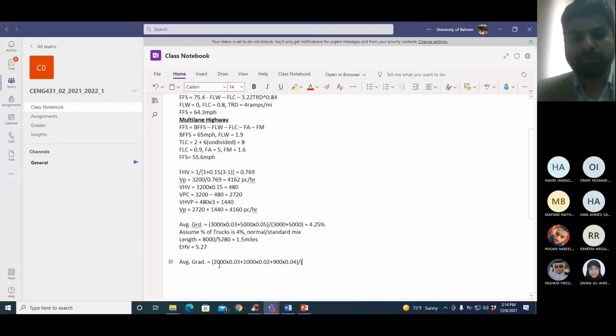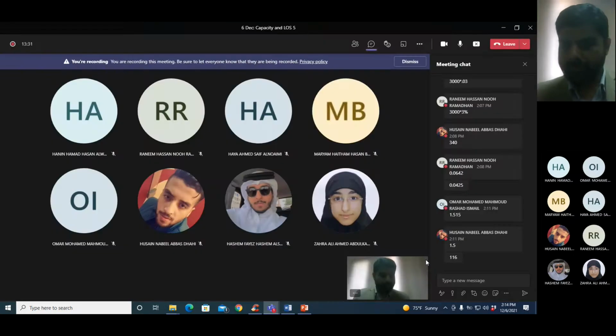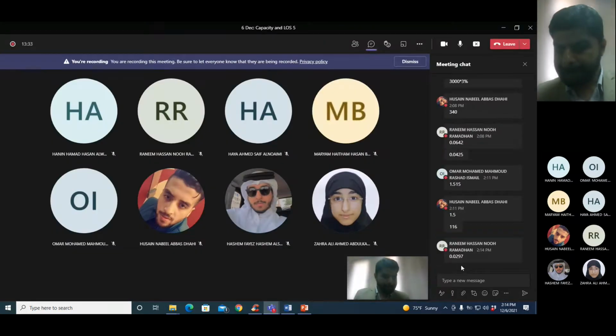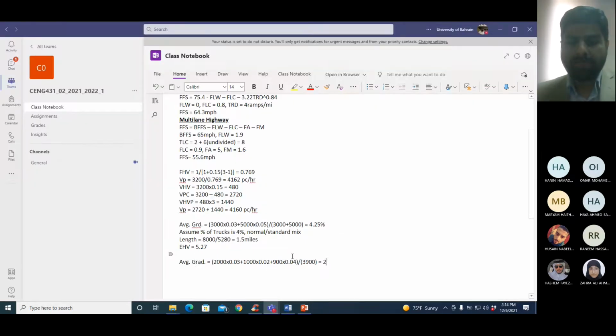Total length is 2,000 plus 1,000 plus 900, so 3,900. How much is this? It is 2.97, or you can take 3% approximately, no problem.